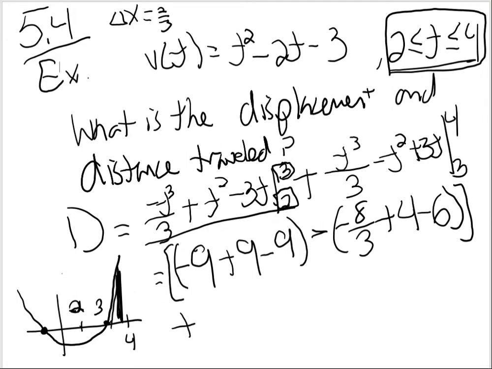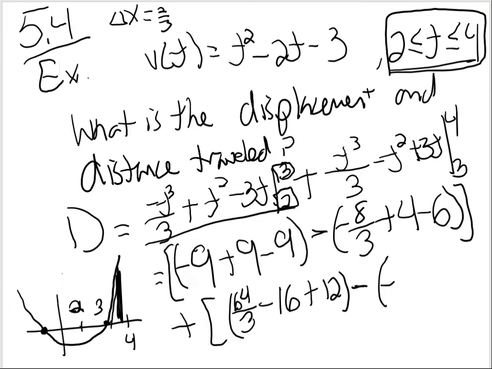Okay, and then we have to add to that. Well, first we plug in 4. 4 cubed is going to be 64 divided by 3. And then minus 16 plus 12. And then you subtract, putting in 3 again.